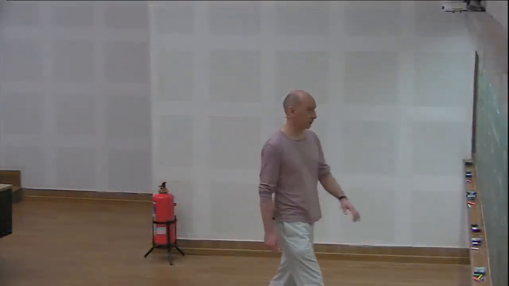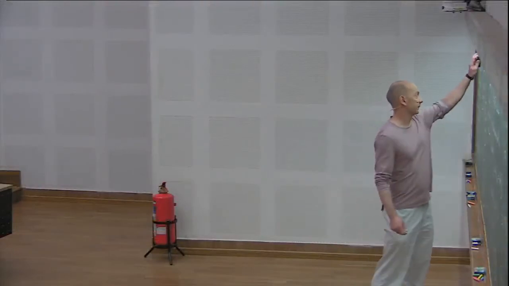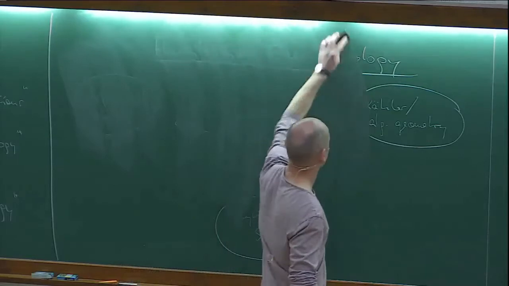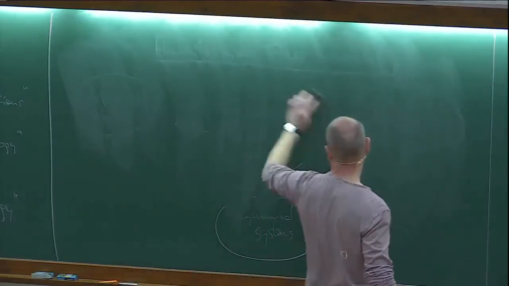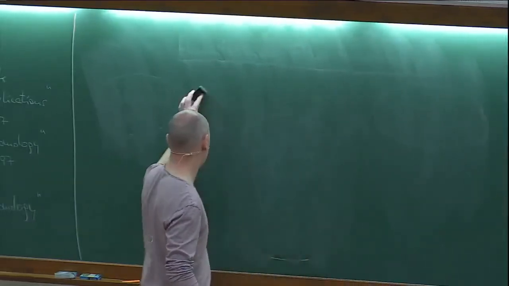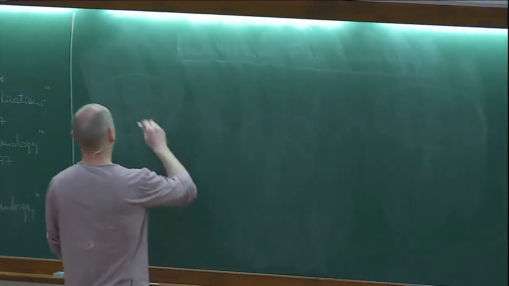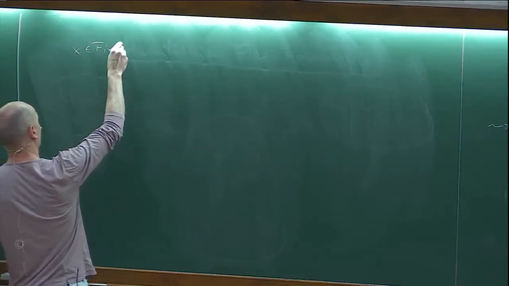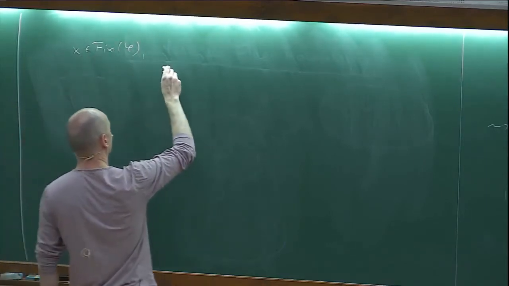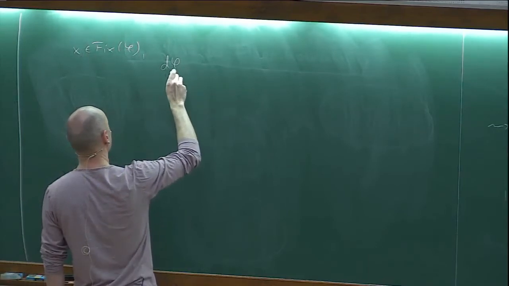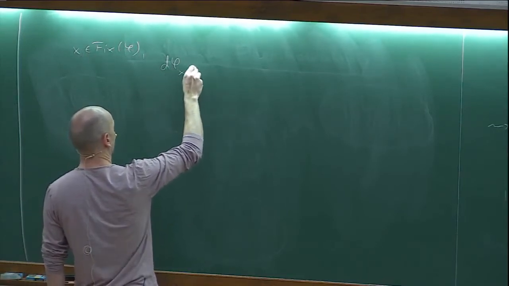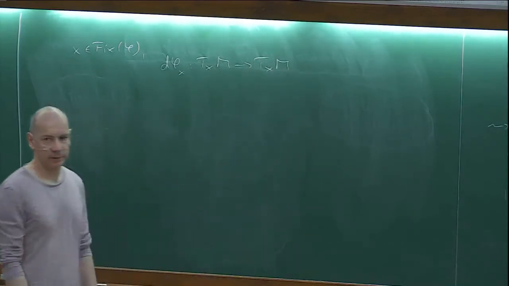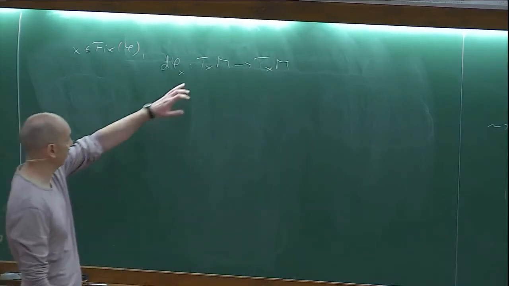I should point out what non-degeneracy means in this context. If x is a fixed point, then d phi is a map from the tangent space at x to itself, because x is a fixed point.